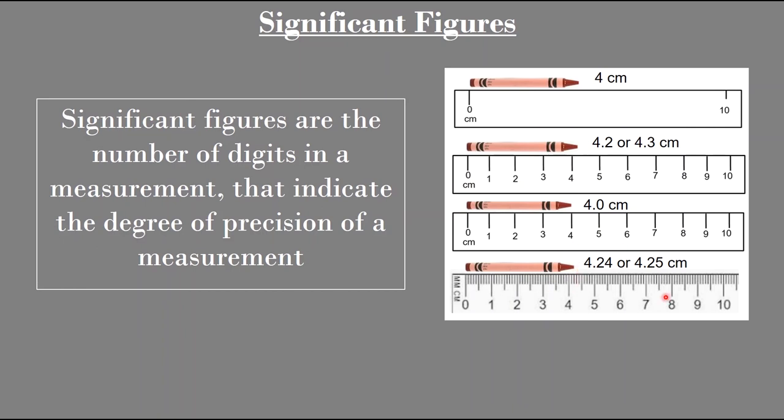So this third device is more precise compared to the other two. And this estimated value that we are taking is also significant because it helps define the precision of the device being used to measure.